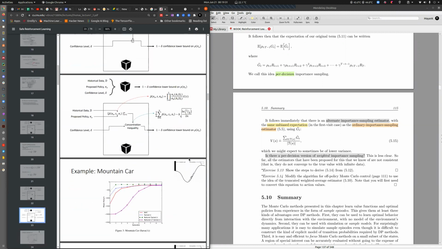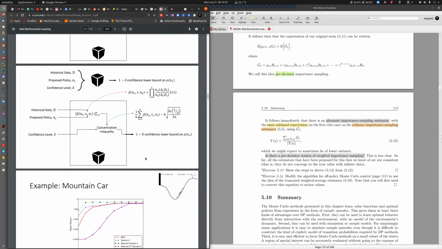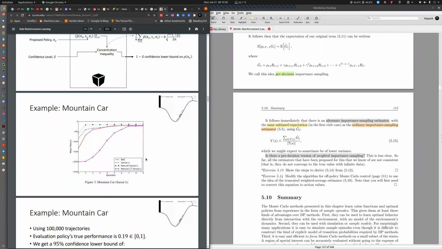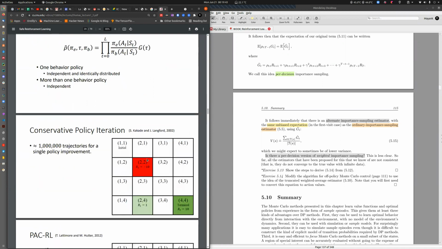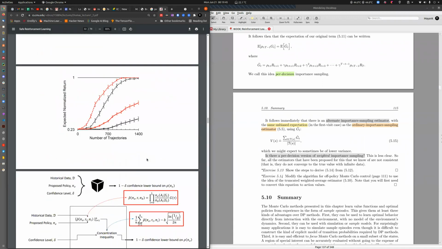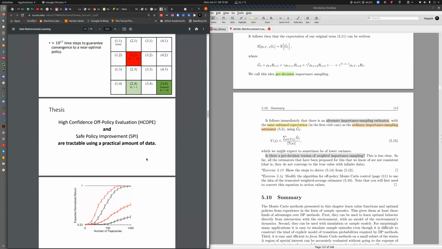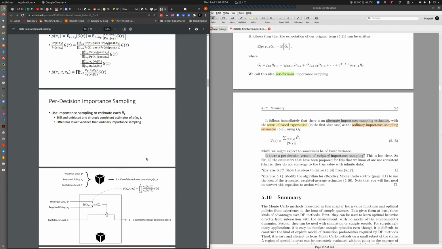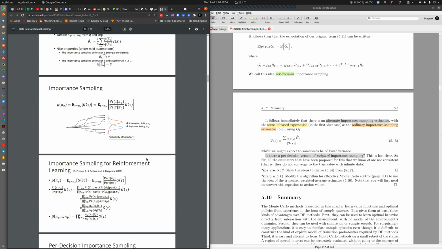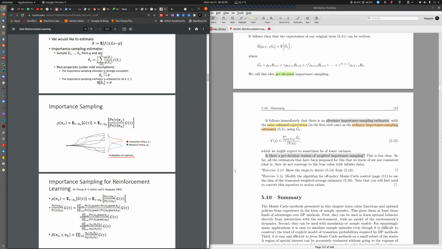Oh, this is the concentration inequality which they are using. Okay, this makes sense. This is the conservative one. Okay, cool. I think this clears things up with respect to if you have a view of the trajectory.